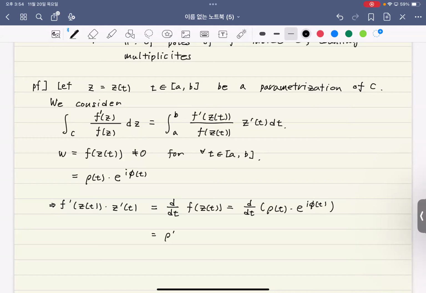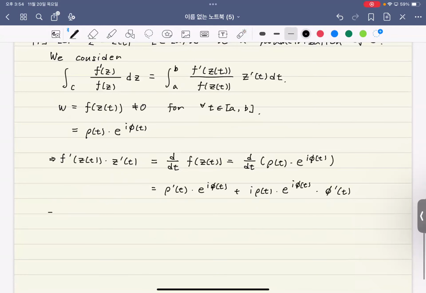So we may use the product rule in this computation. So rho prime times e to the i phi t, plus i times rho of t times e to the i phi t times phi prime. Okay, so this is on the top, and the bottom is f of z, which is just this guy.